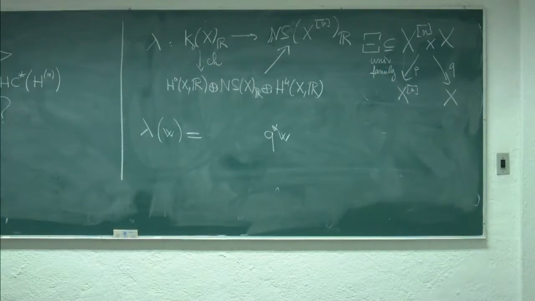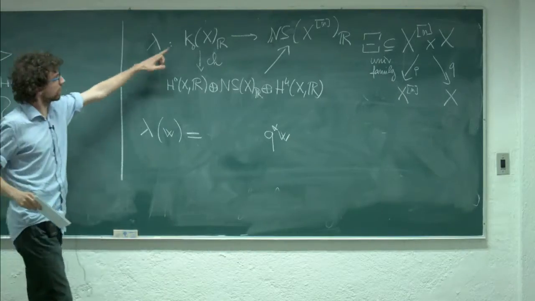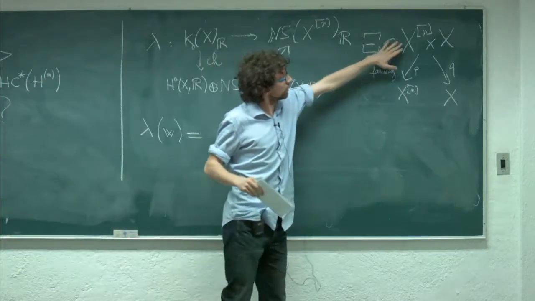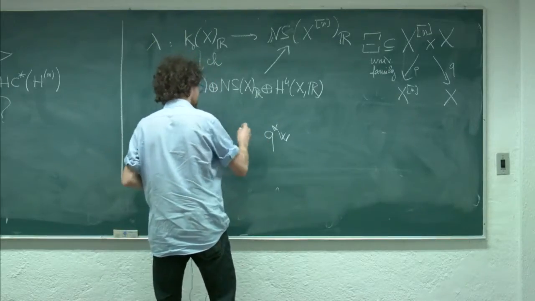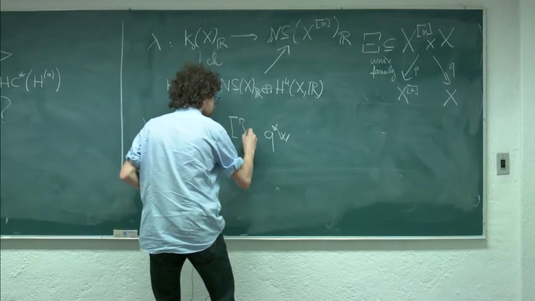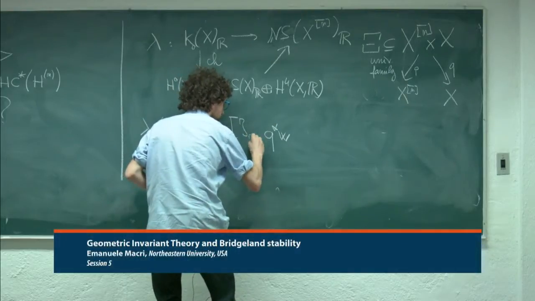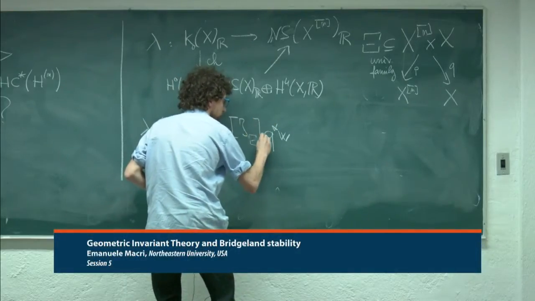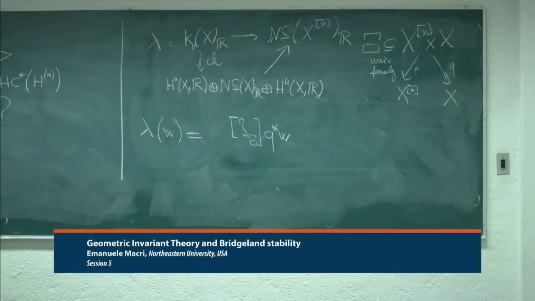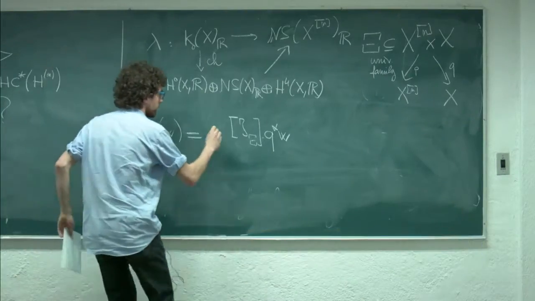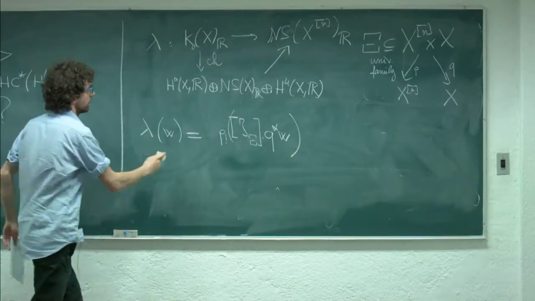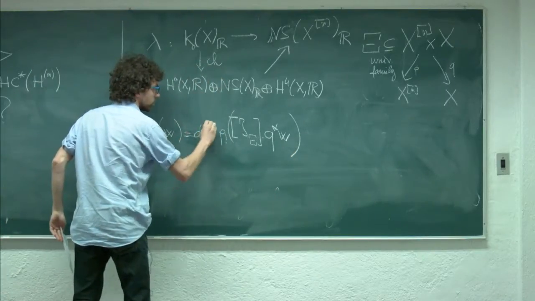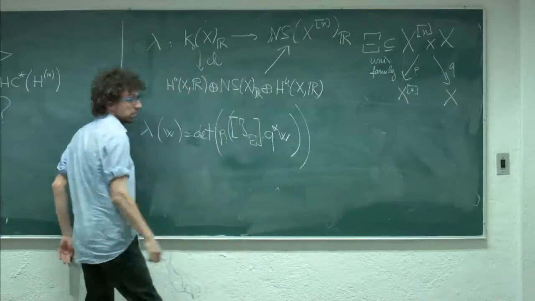So what I do, I just take the pullback of W. W is here. I pull it back to the product. I smash it with the class of the ideal sheaf of Xc. Okay, and then I push it forward in K-theory onto Xn, and then I take the determinant. Okay, this is a standard construction of determinant bundles.